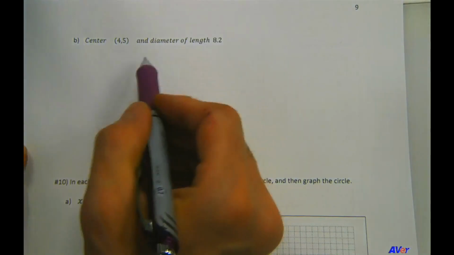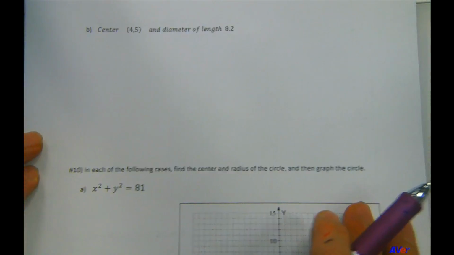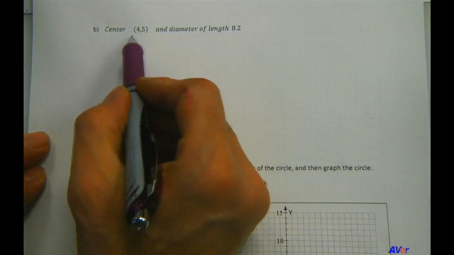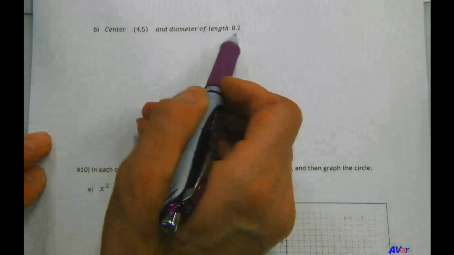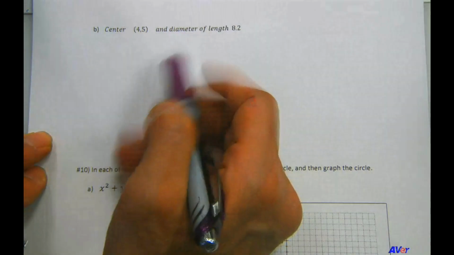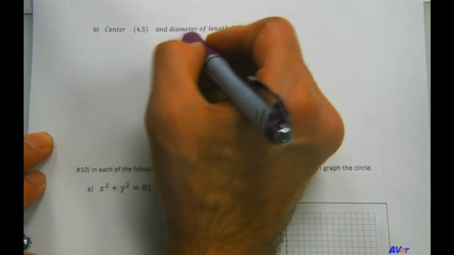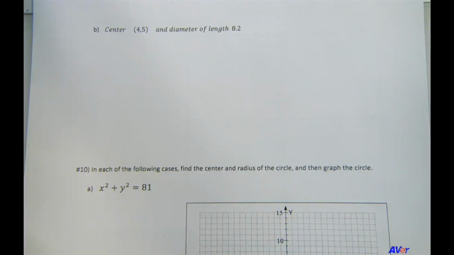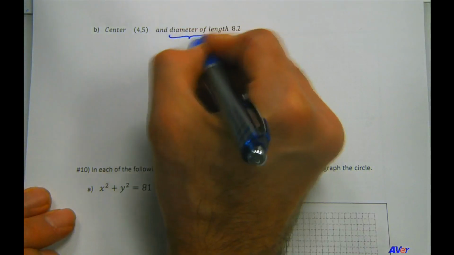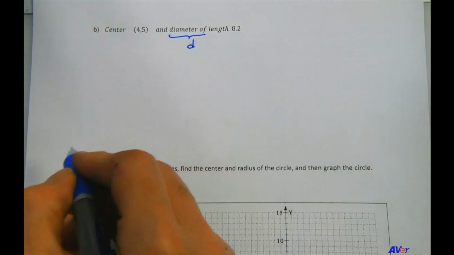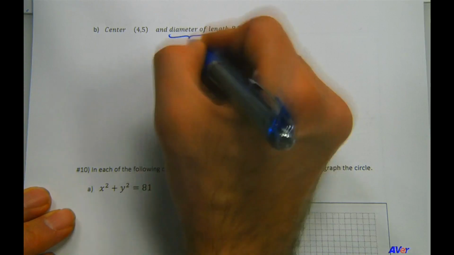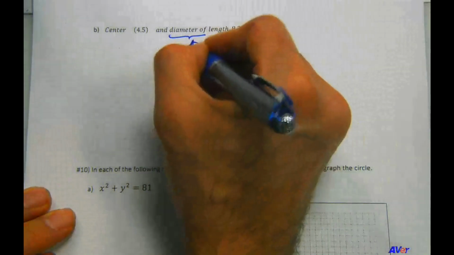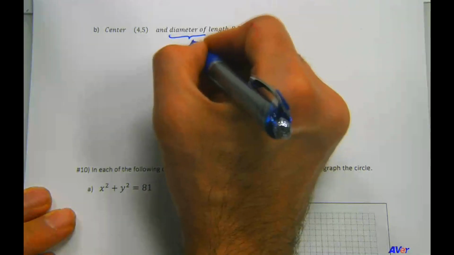So once again, they want us to find the equation of a circle such that the center is here and the circle has a diameter of that length. Well, the diameter is 2 times r. Let's call the diameter capital D, because I've been using lowercase d for distance.